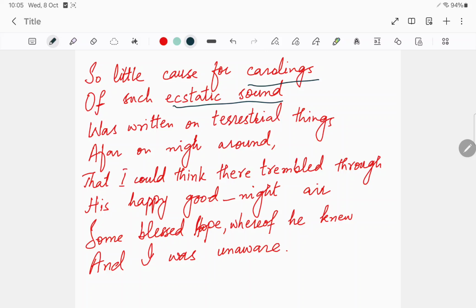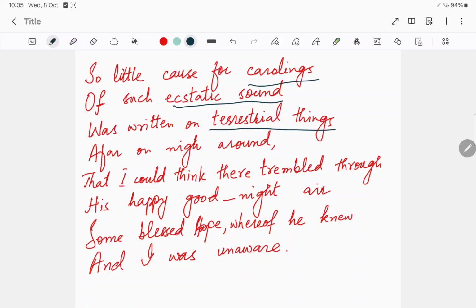reason. And ecstatic means very happy, joyful, because the word, he's saying terrestrial thing, that means the world all around still looks lifeless, and there is nothing around.